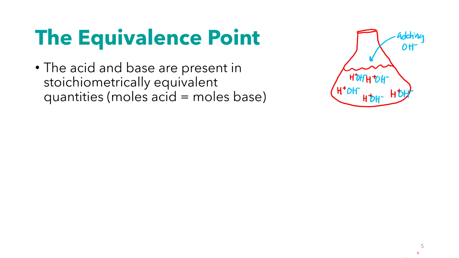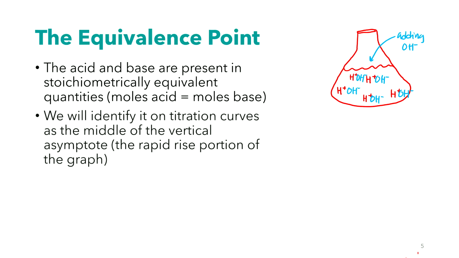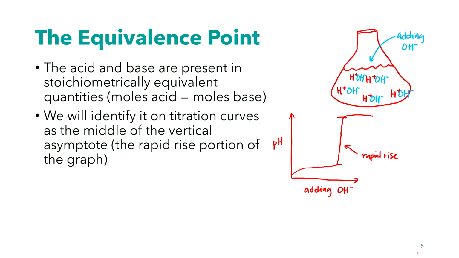With that visual of adding it in, you're waiting for when those two things are equal. There's a couple of different ways for us to identify that point. When we're looking at a titration curve, which we'll do a lot of today, we're looking for the vertical asymptote. We're adding in our OH- and tracking pH, and our curve is going to wind up looking like this. There's going to be a really big rise, which we call the rapid rise portion of the graph.